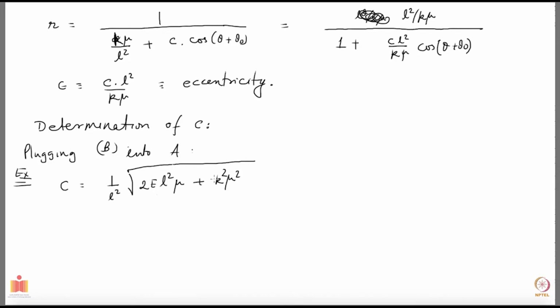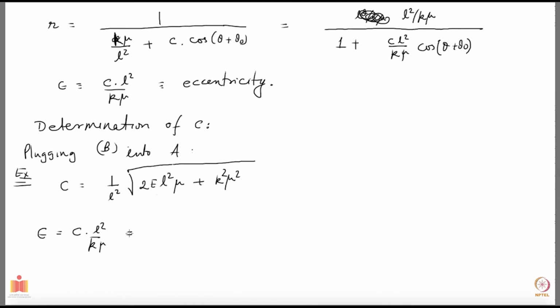So what is my epsilon now? Eccentricity. My epsilon is the following. I take this C, I have L square over K mu, and you can easily check that this is nothing but, I think I have a better expression somewhere.